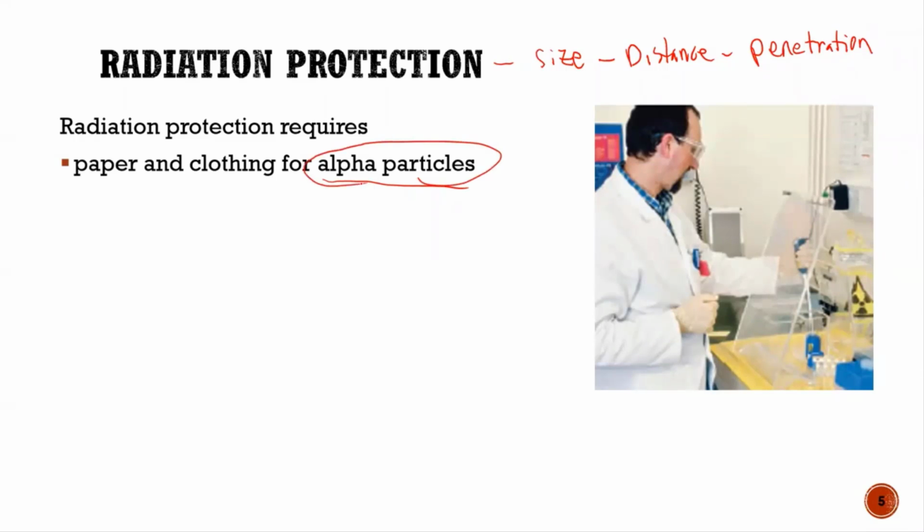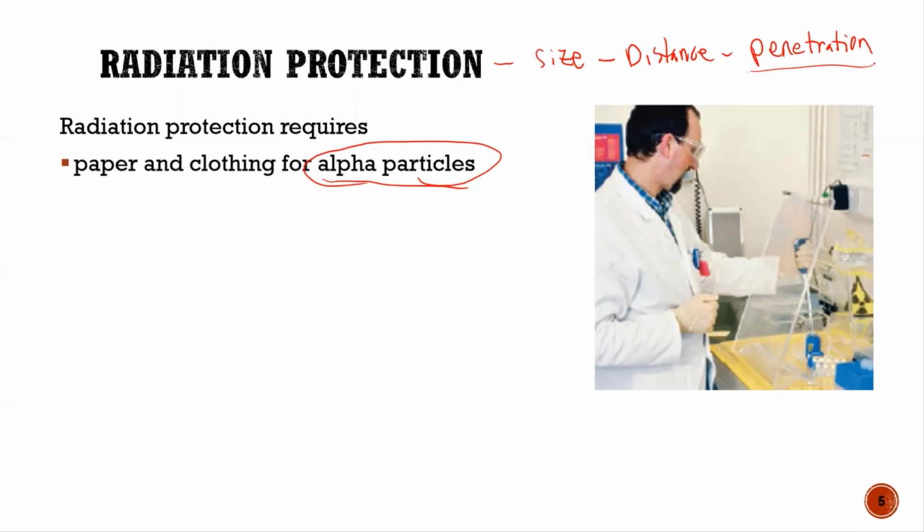As a result, it doesn't travel very far, because as it's going through the air, it's so big, it has a greater probability of colliding into a particle in the air and falling down. So it doesn't travel as far, and as a result, it doesn't penetrate your body as much.